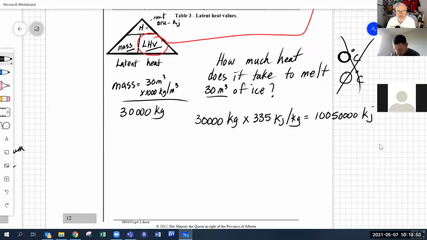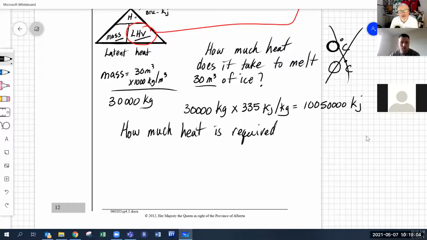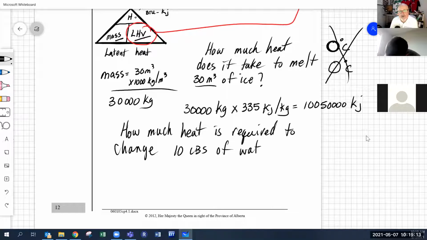Okay, let's do one more example. So how much heat is required to change 10 pounds of water to steam?